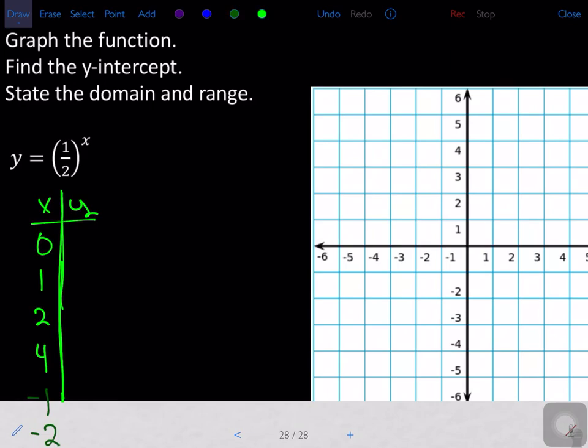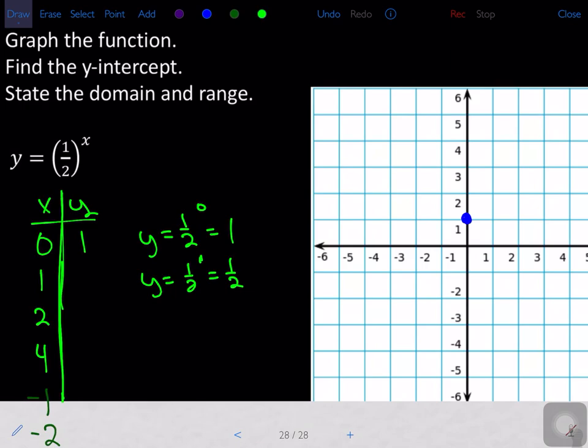So here we go. y equals 1/2 to the 0 power is 1. So at x equals 0, y equals 1. y equals 1/2 to the first power, which is just 1/2.